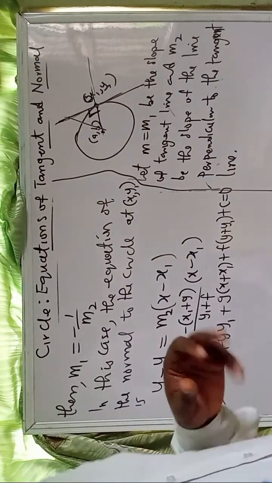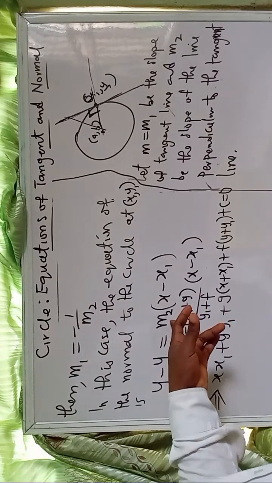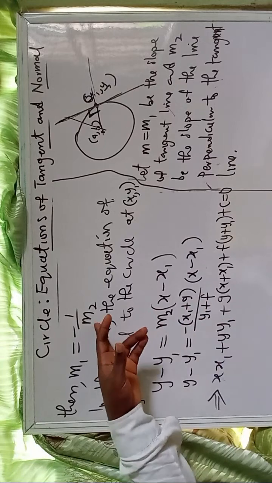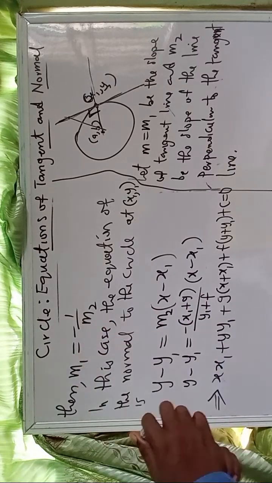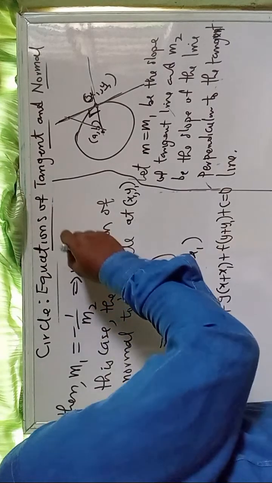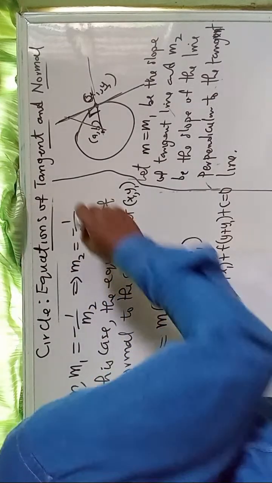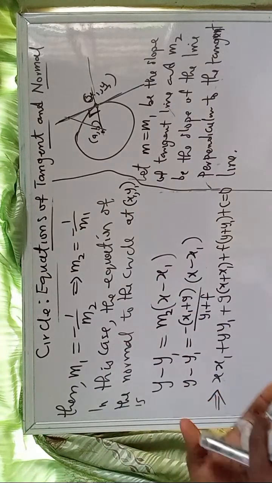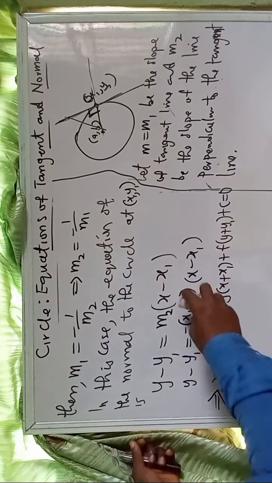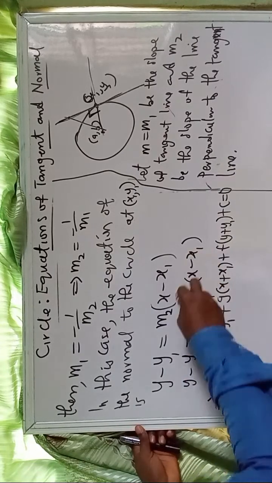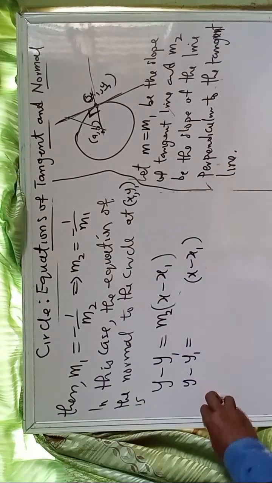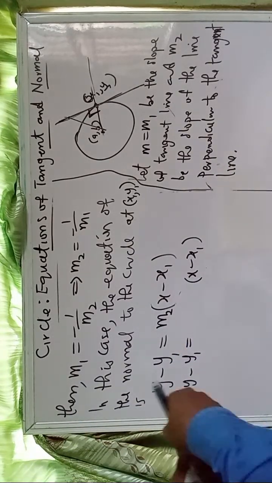So this m2, of course, if you make m2 a formula here, you know m2 will be equal to this. Initially what we have got here is the m1. So if you reverse this, we can get this form as our equation of the normal line.